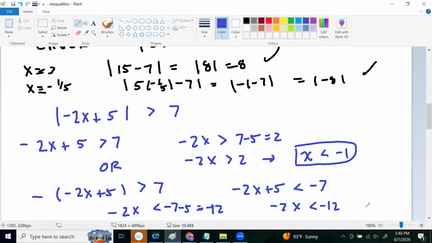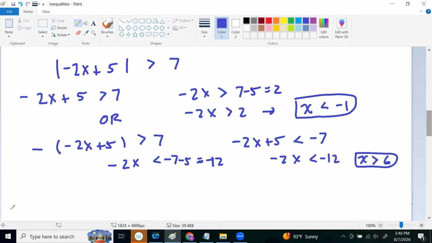And then we divide both sides by negative 2. We have to reverse the inequality, and we get x is greater than 6. Now, if we plug this in, 6 times minus 2 is minus 12. Minus 12 plus 5 is negative 7, and you get the equality. So your answer here is x is greater than 6, or x is less than negative 1.